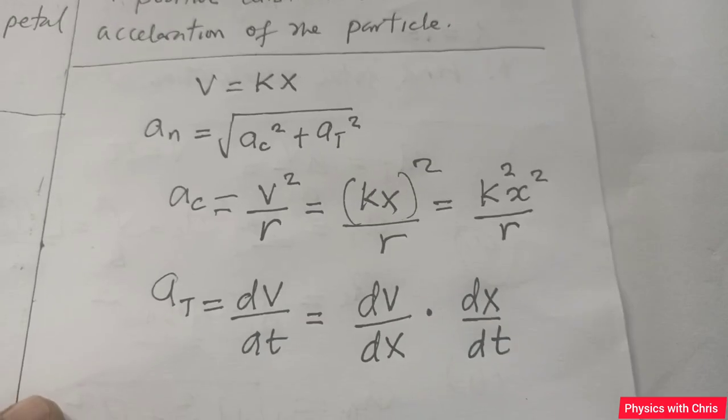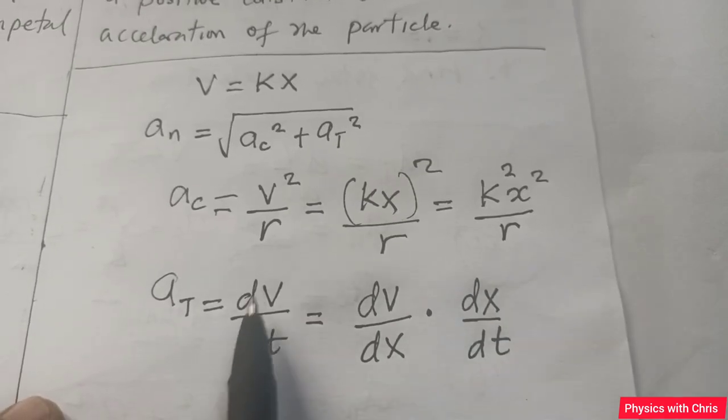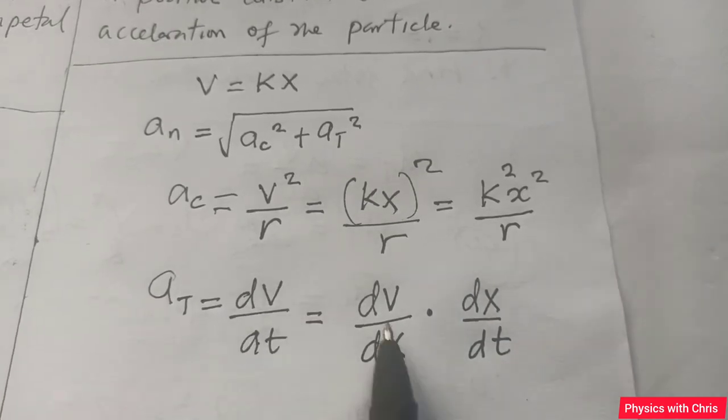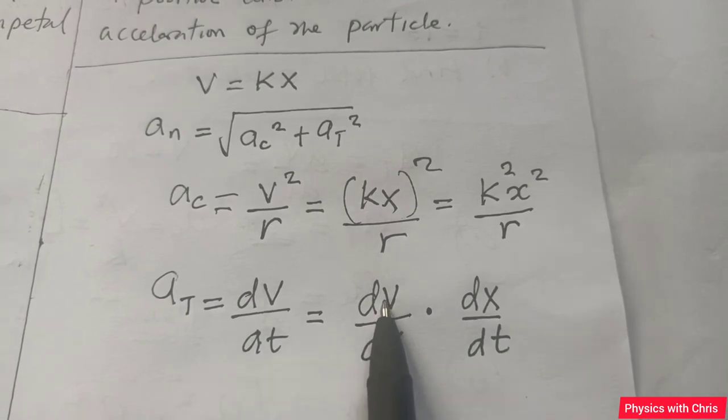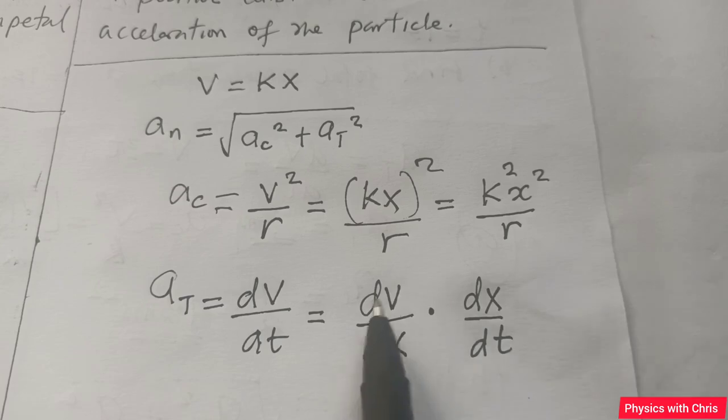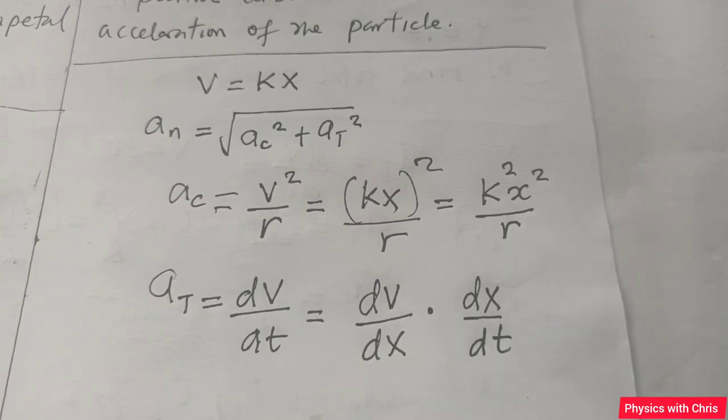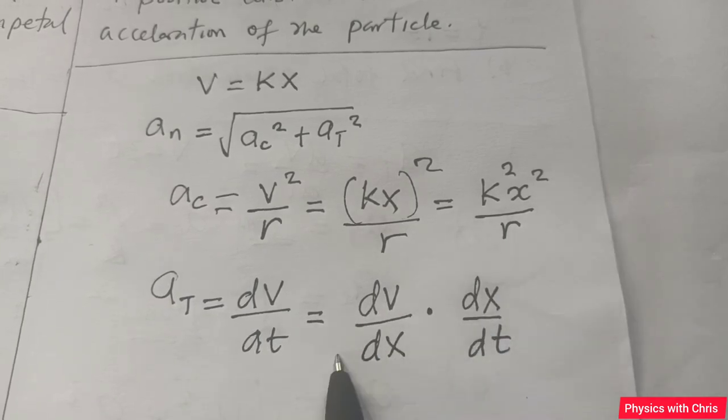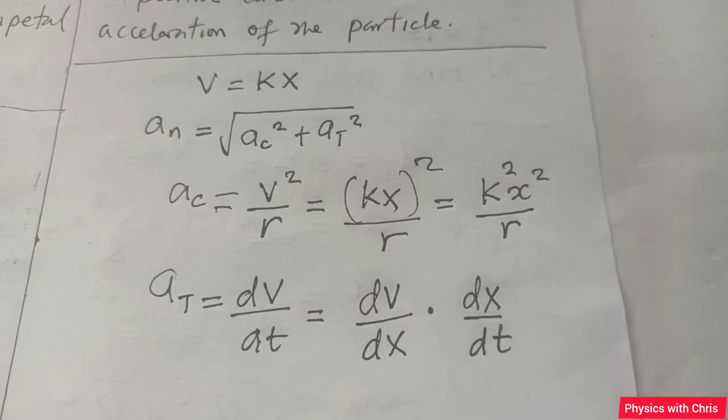Now check this expression. You can see that this product of these two derivatives is not far from what we started with, because dx will tend to cancel out. So you go back to your dv dt. I think it's more like a parametric differentiation.